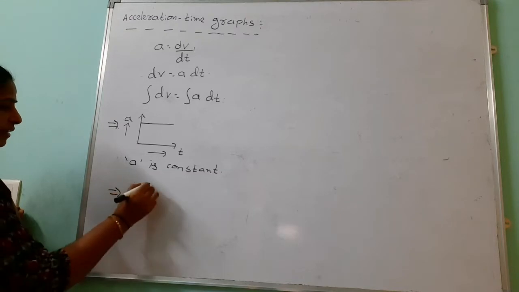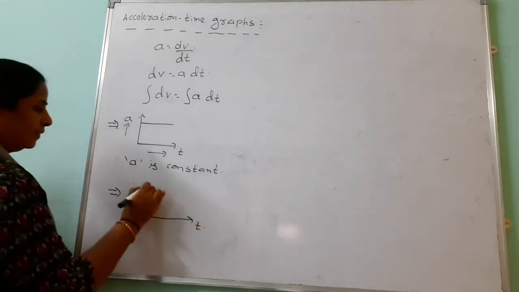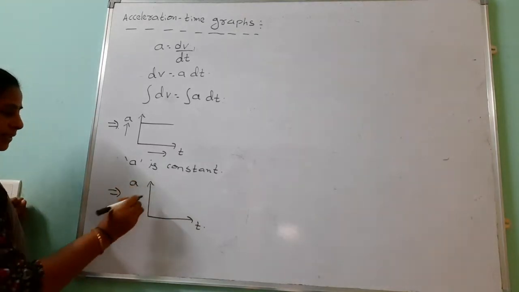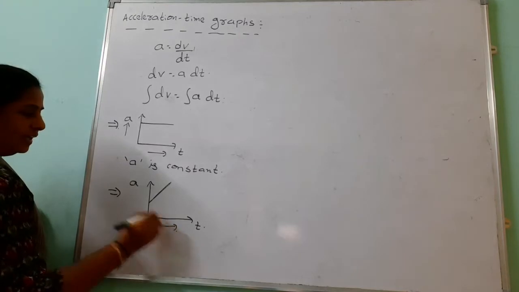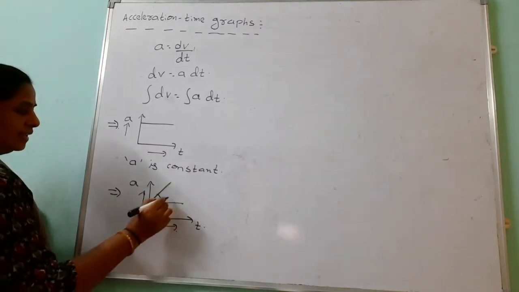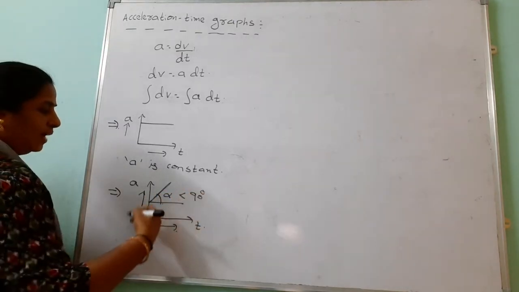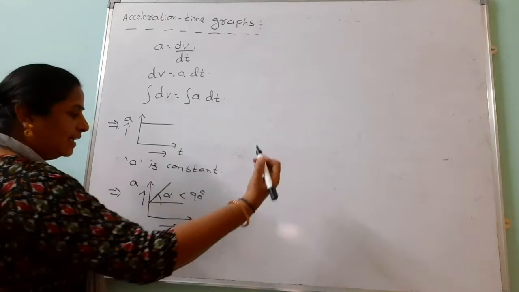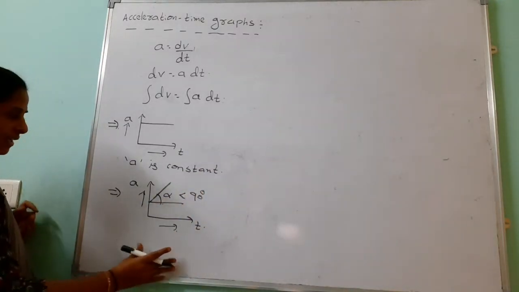One more graph: this is the time and this is the acceleration. If the graph is like this, when we draw the slope, this is alpha, and alpha is less than 90 degrees. So acceleration is increasing at a constant rate.